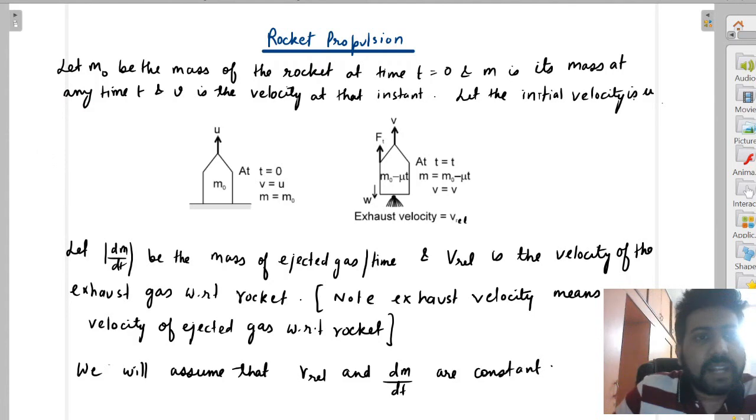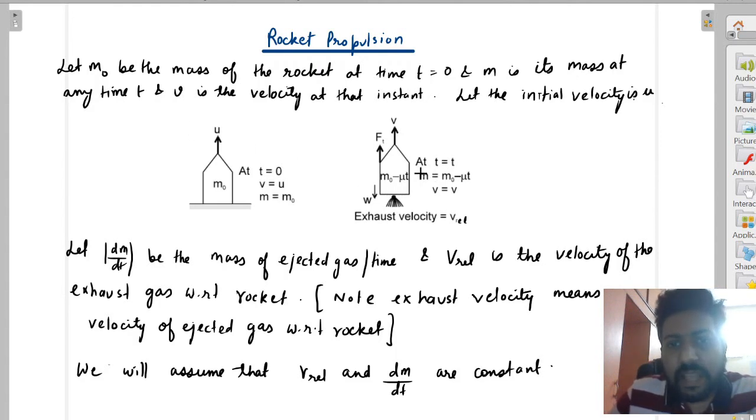So let m0 be the mass of the rocket at time t = 0, and m is its mass at any time t, and v is the velocity at that instant. Let the initial velocity be u. Normally the initial velocity will be given as 0, but we are finding it in general. So let the velocity at t = 0 be u.